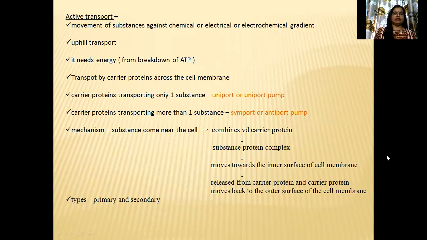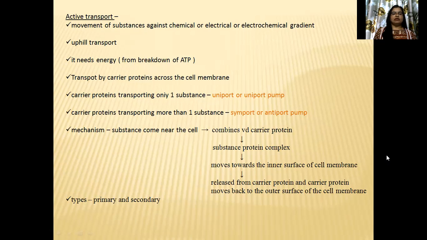Next is active transport. Transport of substances against a chemical, electrical, or electrochemical gradient. It is also called uphill transport. It needs energy, which is gained from the breakdown of ATP. Transport is by carrier protein across the cell membrane.